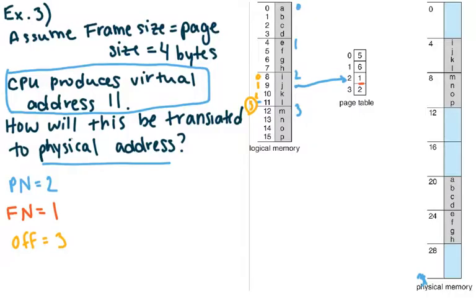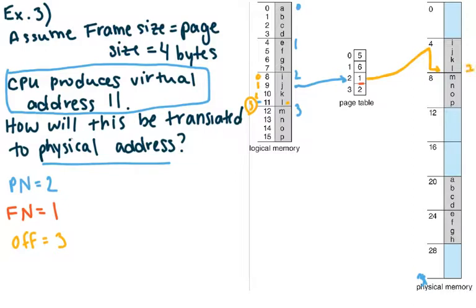All right, so we know that this is how the translation is going to happen. We're going to get to frame 1, and we're going to go down 3 to get to L, which is what is at address 11. Okay, but how, so 8 is 4, 5, 6, 7.